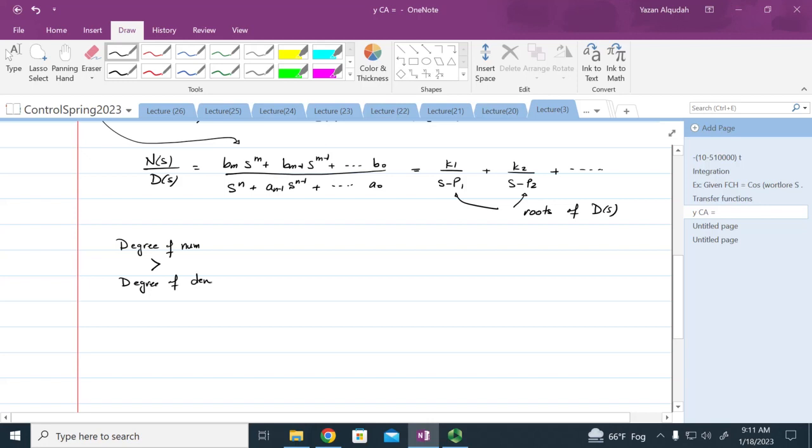Make sense? Numerator greater than denominator. We can have the degree of the numerator equal to the degree of the denominator. And what is the third case? The numerator is less than.